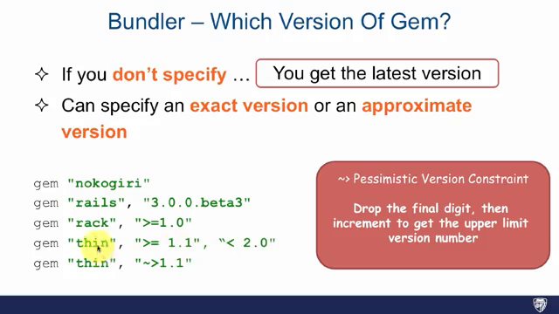So basically these statements are equivalent. You could either do it this way by specifying the exact range, or you could just use the pessimistic version constraint, and the way it figures this out is that it drops the final digit and then it increments the first digit to get the upper limit, less than that limit, which is 2.0.